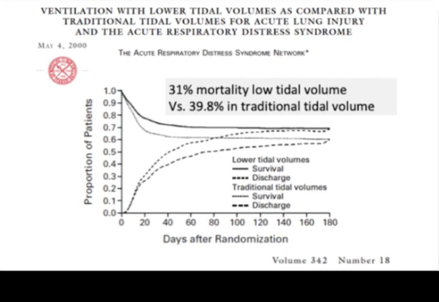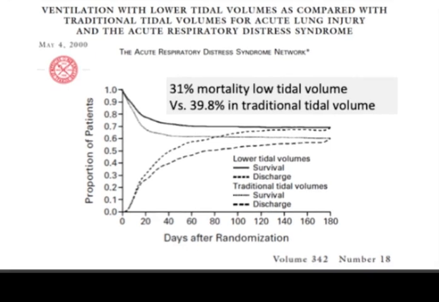This study revolutionized the standard practice of mechanical ventilation in patients with lung injury. There were several critics of the study whose main argument was that the control group received 12 mL per kg of tidal volume, which they believed was actually higher than the standard of care at that time, and it should be closer to 10 mL per kg. That being said, this study remains a landmark, the most frequently cited manuscript related to mechanical ventilation of all time.